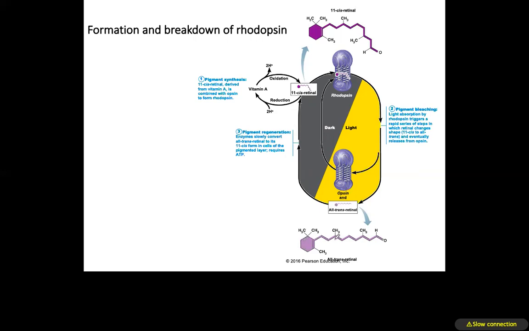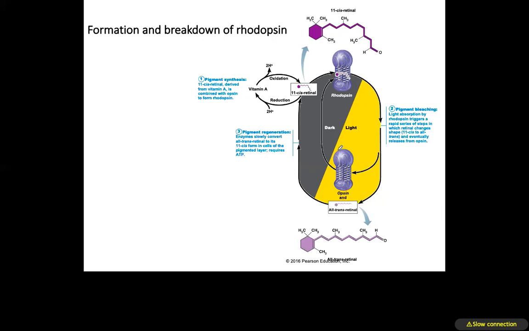As the light is introduced into the environment, your 11 cis retinal, which you have right here, changes to what? All trans retinal. And that causes what? The retinal to be changed and separated from the opsin. So now you don't have rhodopsin anymore because the retinal component and the opsin have been separated from each other.